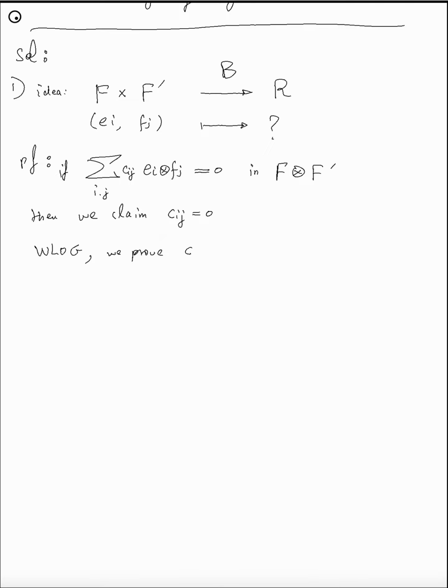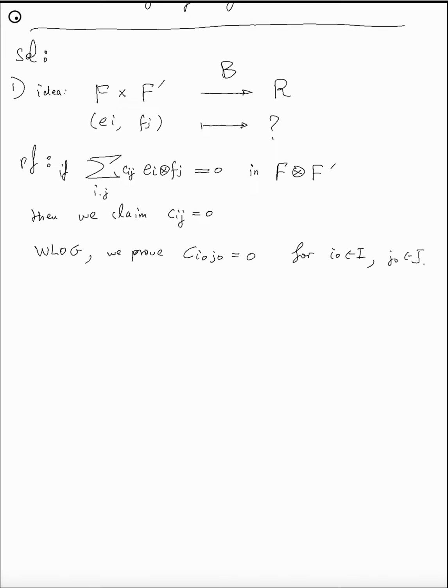I cannot write, say, 0 to n because I and J are not necessarily countably infinite, something like that. Let's just prove c_i0 j0 equals 0 for some i0 in I fixed, j0 in J fixed.